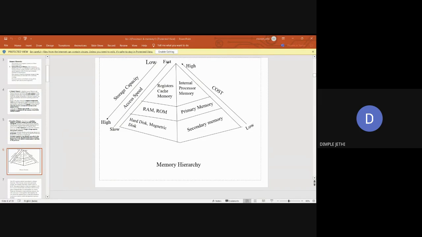Can anybody briefly explain what was explained in this diagram? Yes, Zomana. I explained this diagram yesterday. Can you repeat this?